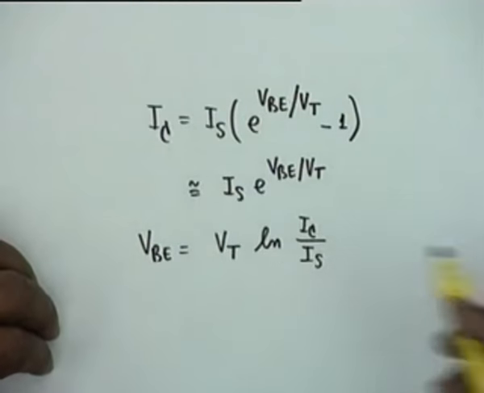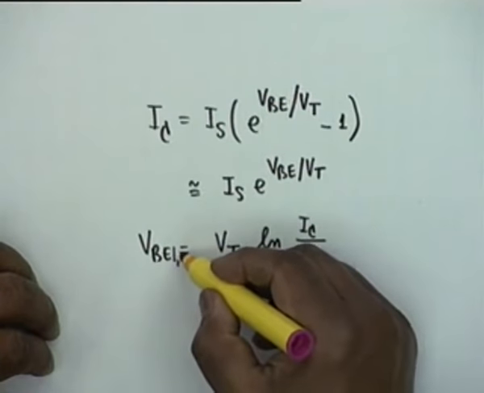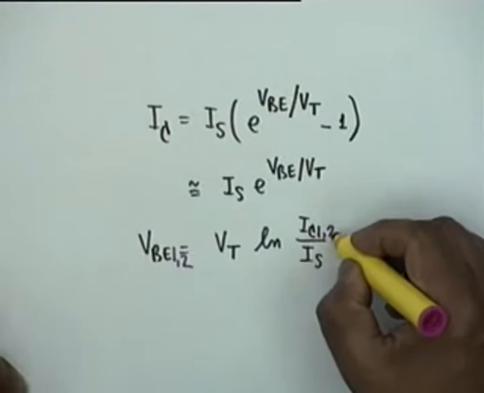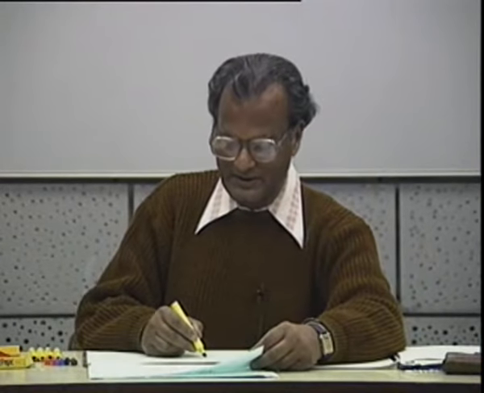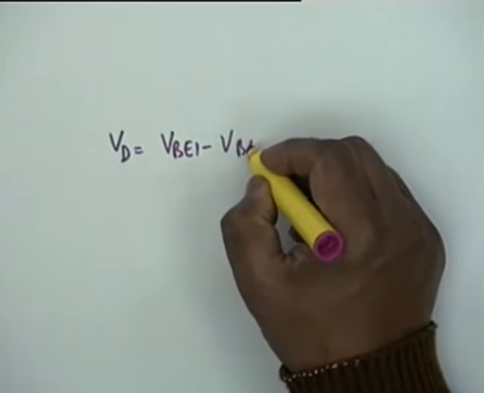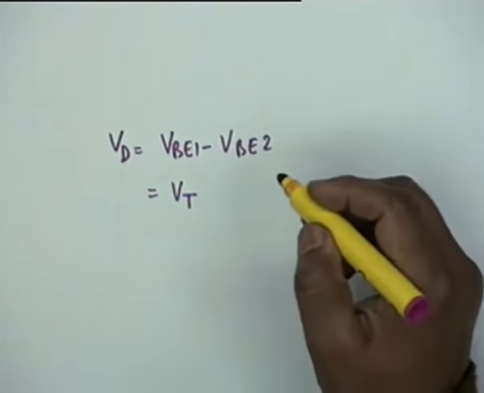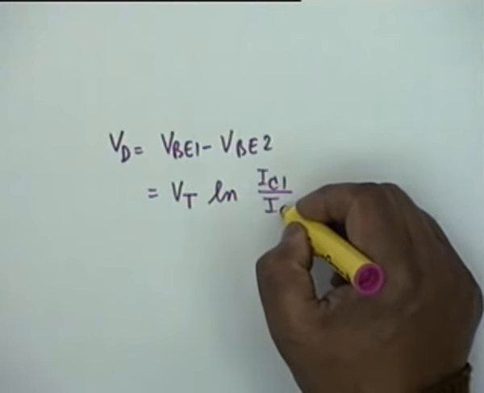Alright? I can now introduce the subscripts. VBE 1, 2 shall be Vt times log of IC 1, 2 divided by IS. The two transistors are identical, so IS shall be identical. And therefore VD, which was equal to VBE 1 minus VBE 2, shall be equal to Vt log of IC1 divided by IC2.